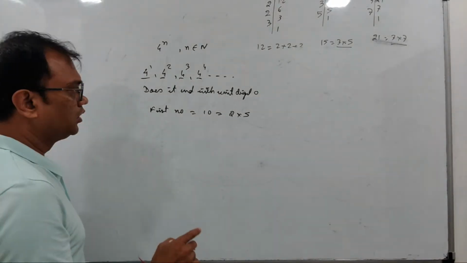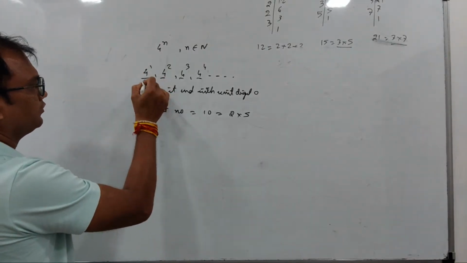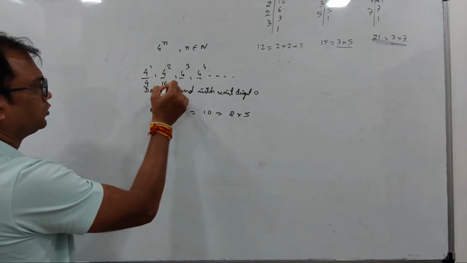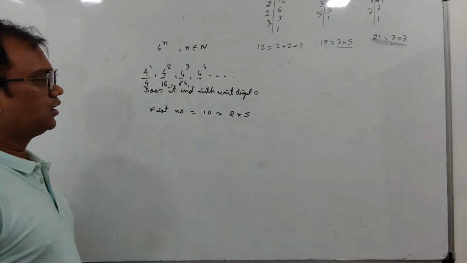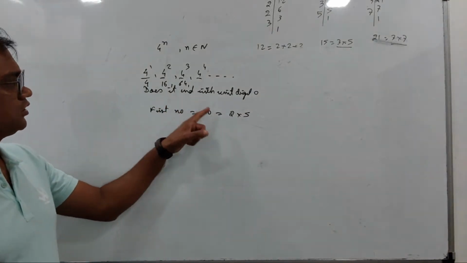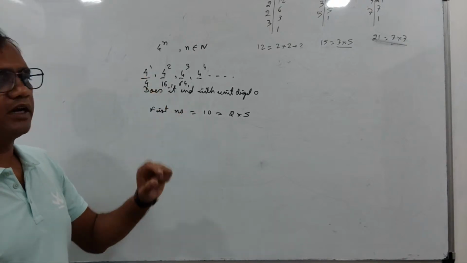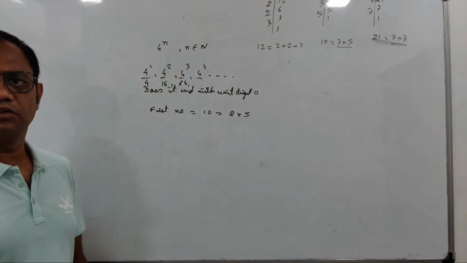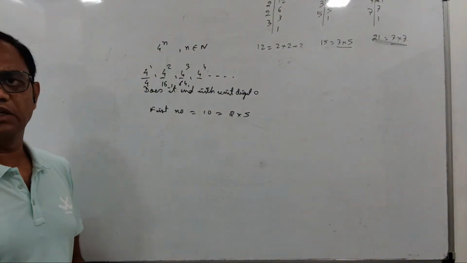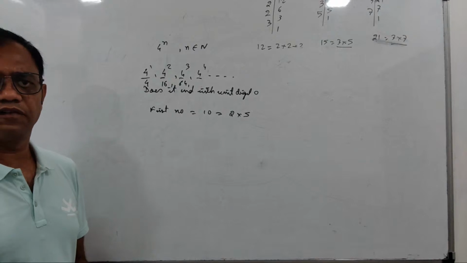If you see the values of this number, 4 raised to 1 we know is 4, 4 raised to 2 we know is 16, 4 raised to 3 we know is 64 and so on. Since the factors of 4 are not 2 and 5, it cannot end with digit 0. To end with digit 0, the number must have factors 2 and 5.